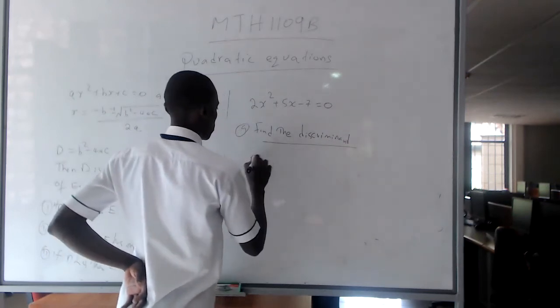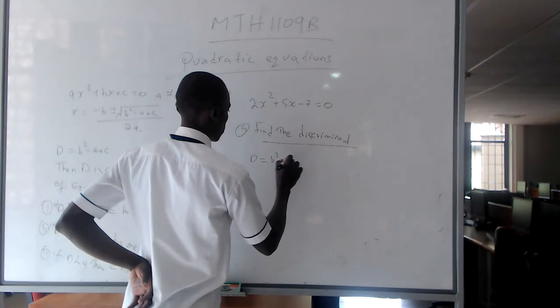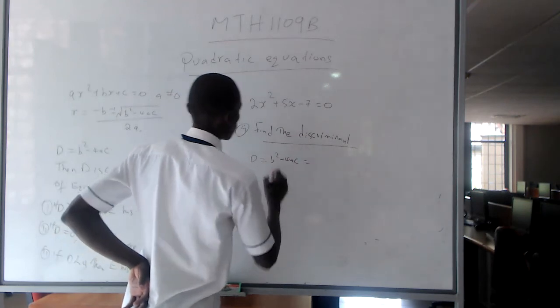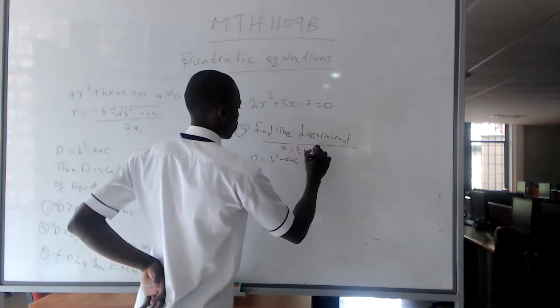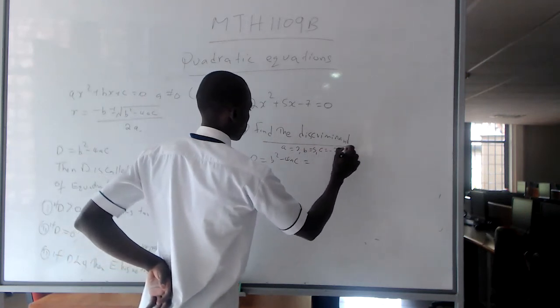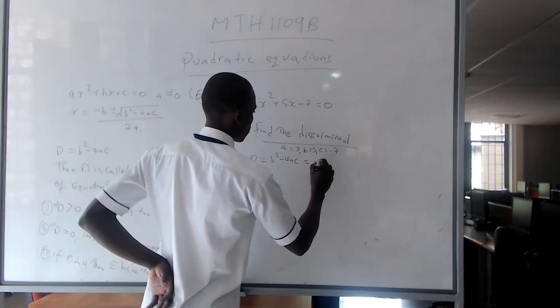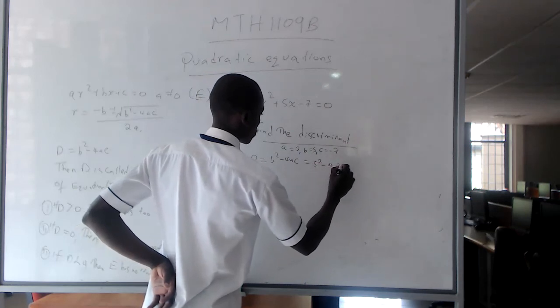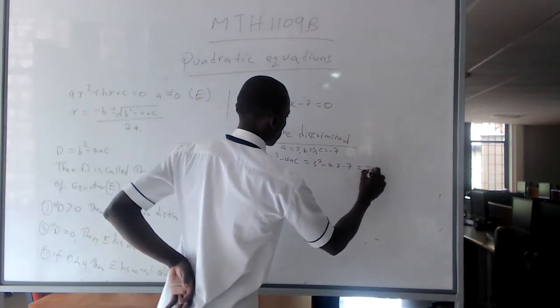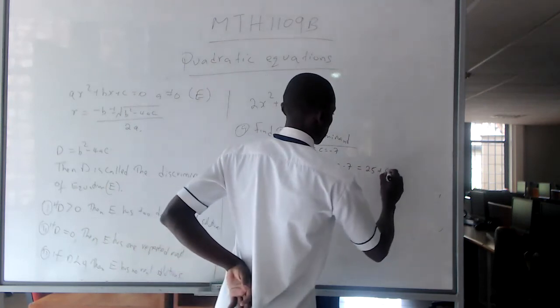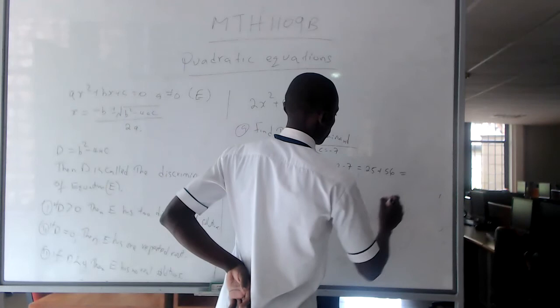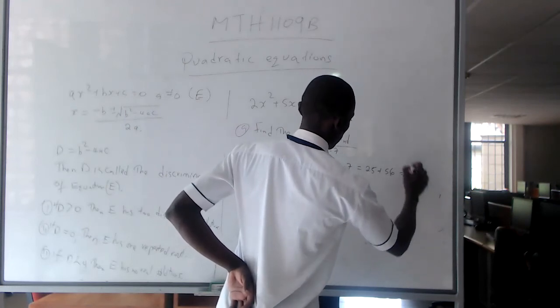We have defined the discriminant as b squared minus 4ac. So in this case, a is 2, b is 5, c is minus 7. So this should be 5 squared minus 4 times 2 times minus 7, which is 25 plus 8 times 7, which is 56.